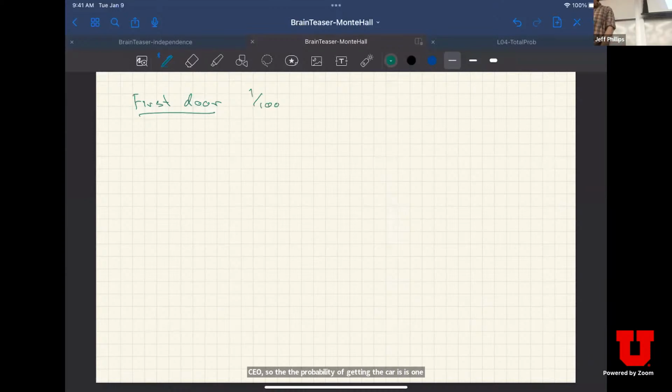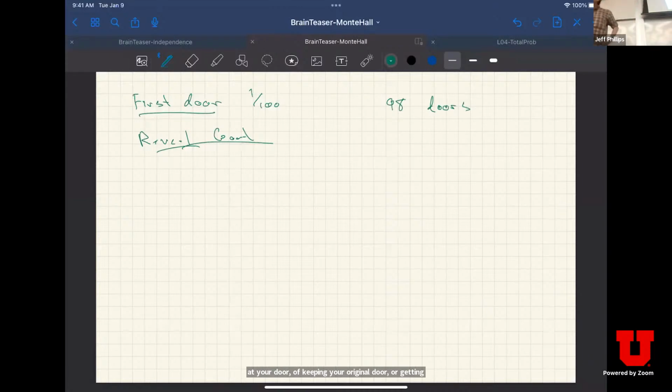And then Monty reveals a goat, and there are going to be 98 doors. What should happen is that the probability of keeping your original door, or getting one of the other 98 doors, should add up to 1.